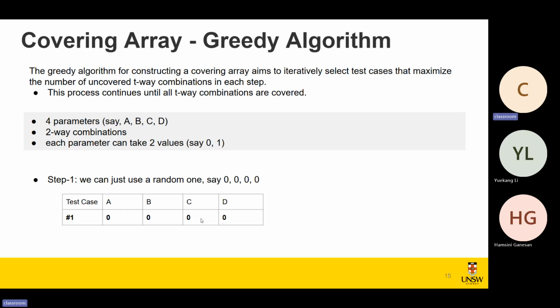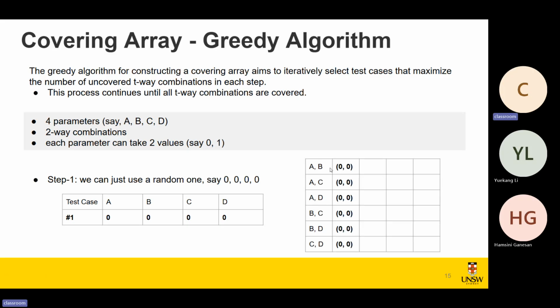So this is test case 1 we have, and this is the covering array we are trying to build, and this is the table to keep track of the covering of all 6 combinations. We have 6 combinations to cover, right? So this test case is actually enough to cover all these 6 different combinations here in this scenario.